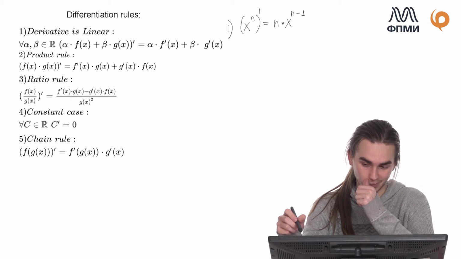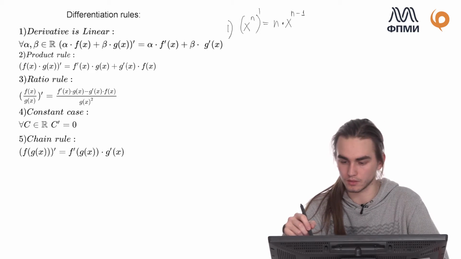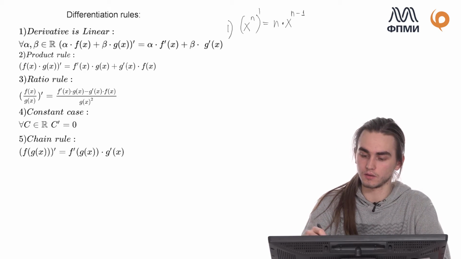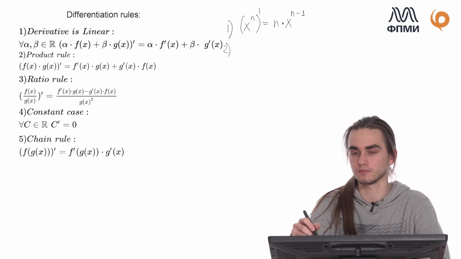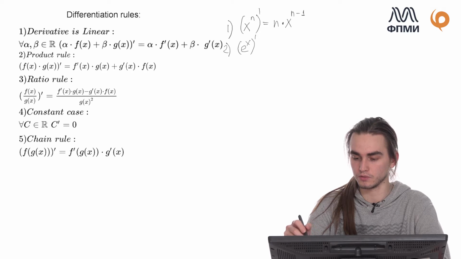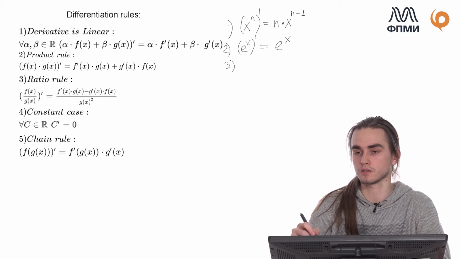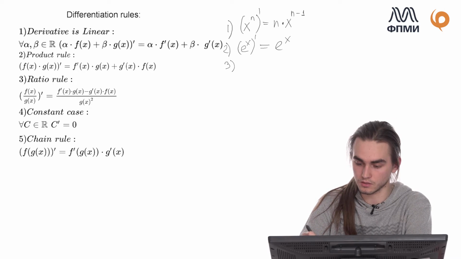So it's pretty simple. But the second one is a very cool one. It's an exponential function. If you make a derivative of it, it will stay the same. Next one is the inverse function of the exponential. It's the logarithm.